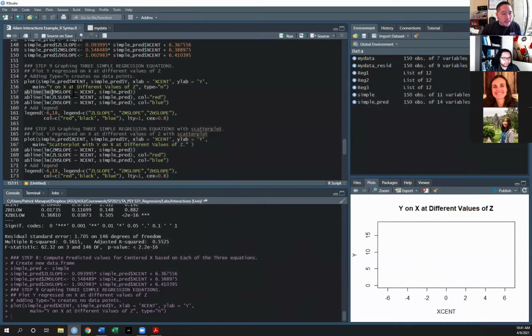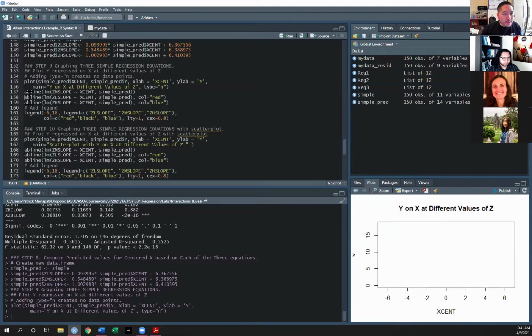Then I'll plot the regression line at the mean of Z. To plot the regression line, I use the abline function. Within that is the lm function, and I want to predict ZM slope from Xcent, and our data set is simple_pred. By default, I think the line will be black.